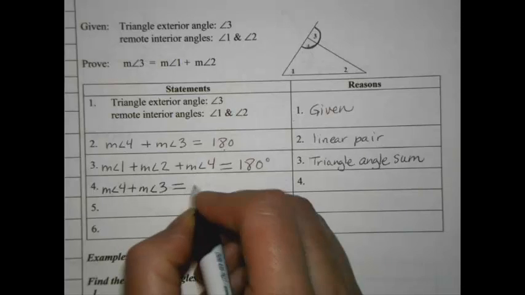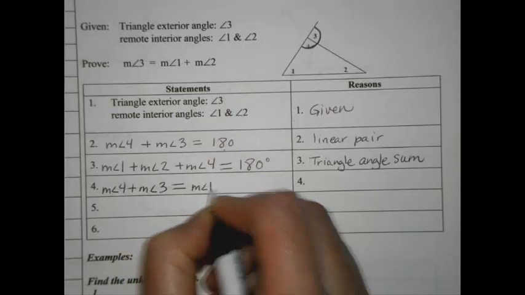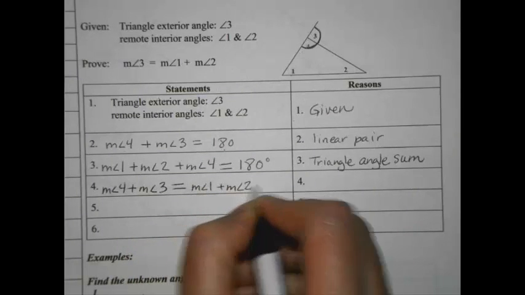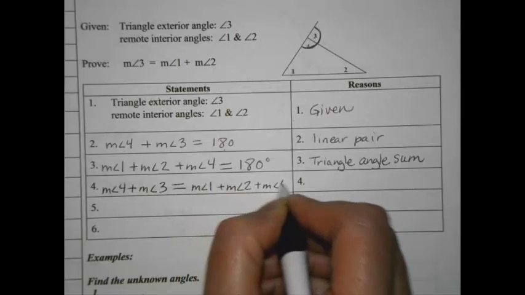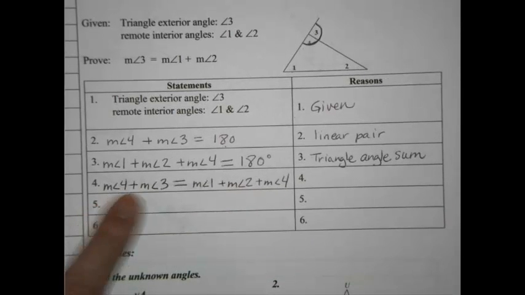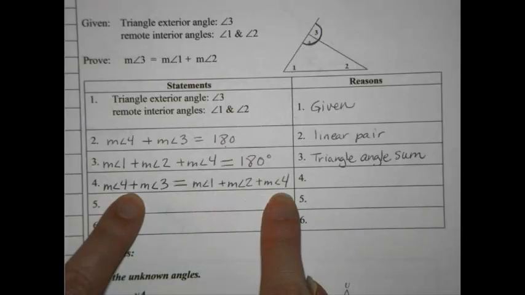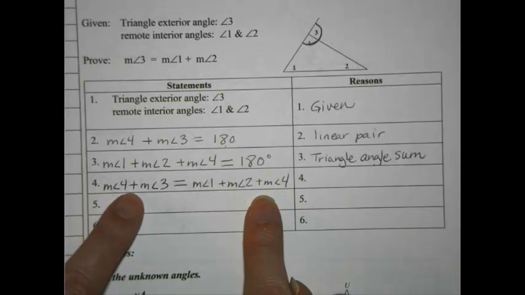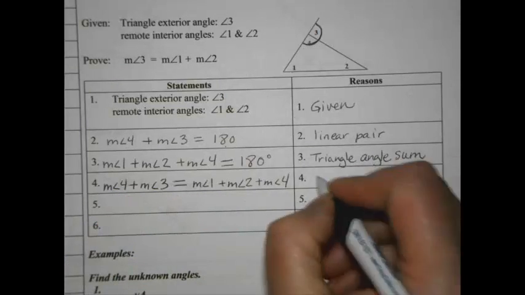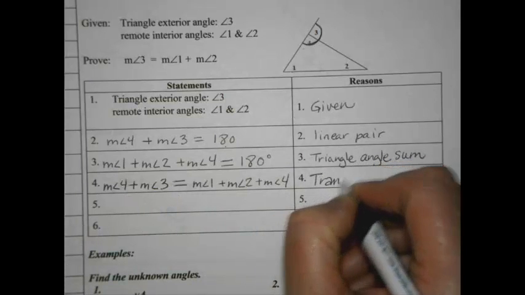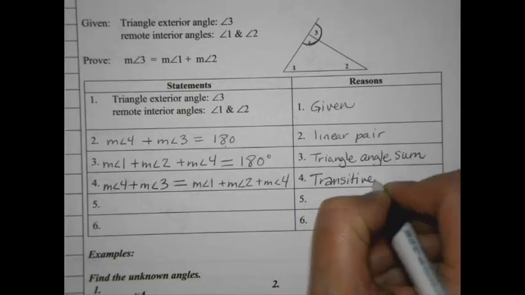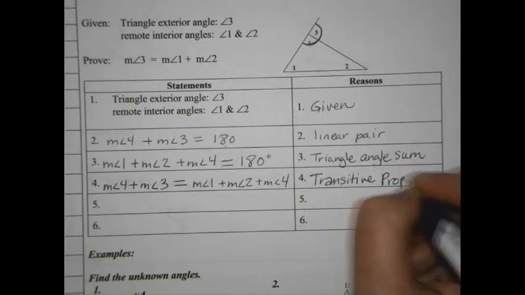Angle 1, angle 2, and angle 4. So let me squeeze those in. Angle 1 and angle 2 and angle 4. Because these 2 angles equal 180, and so did these 3 angles. They both have a 180 total, so I'm going to say they equal each other. That's the transitive property. Since they equal the same thing, they equal each other, our transitive property.